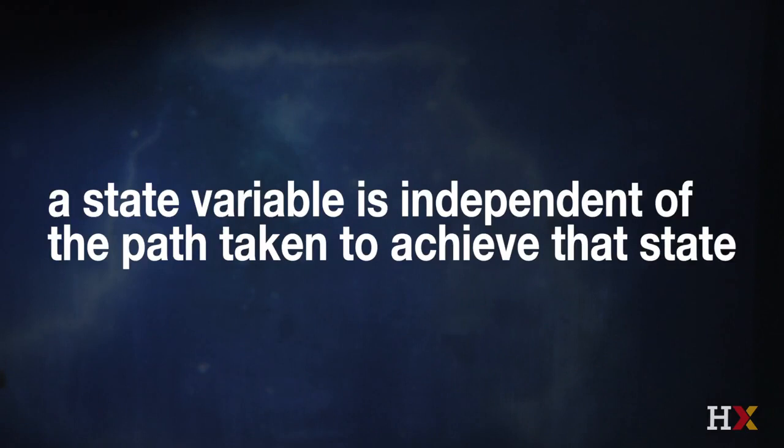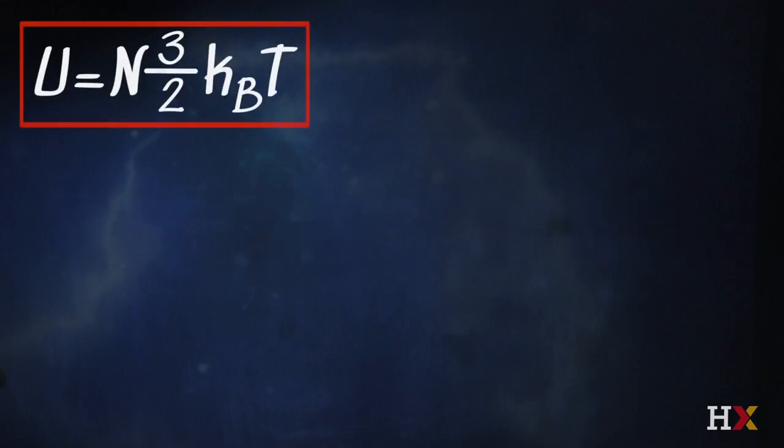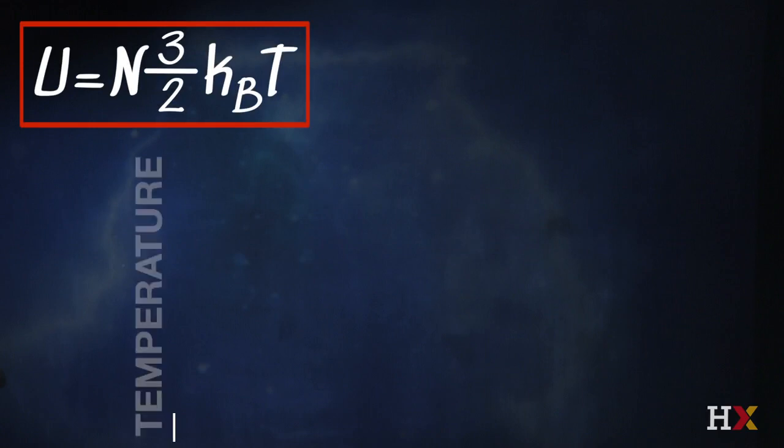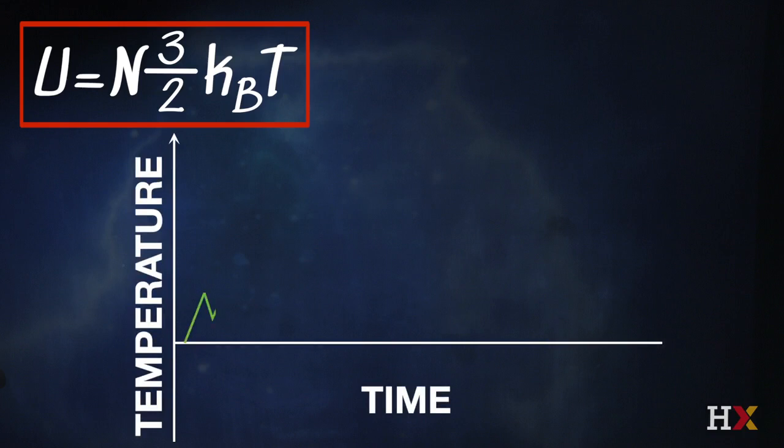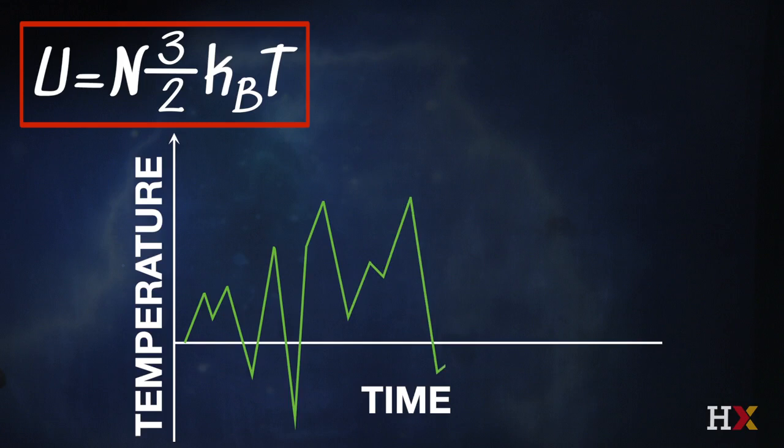And we can think in particular about temperature. We know that the internal thermal energy is equal to the number of molecules, 3/2 Boltzmann constant times the temperature. And that temperature, which I can plot on the vertical axis against time during the evolution of what this system experiences, it can go through huge gyrations in temperature, but when it comes to the final point, those molecules can't remember what happened to them.